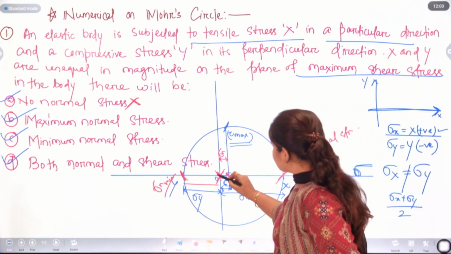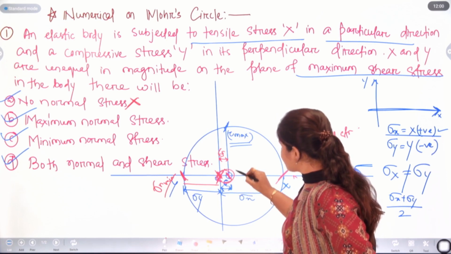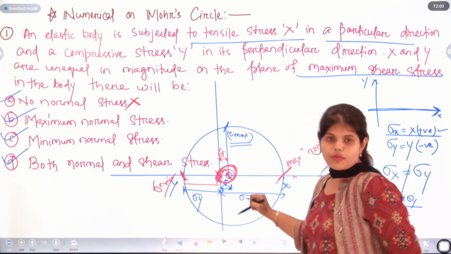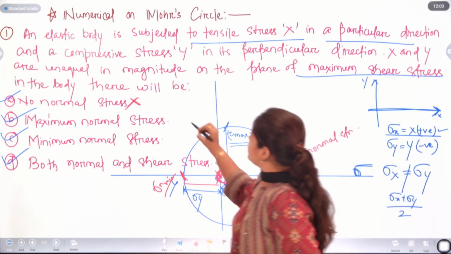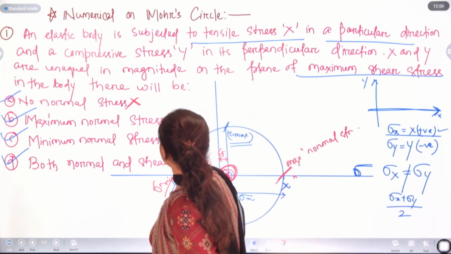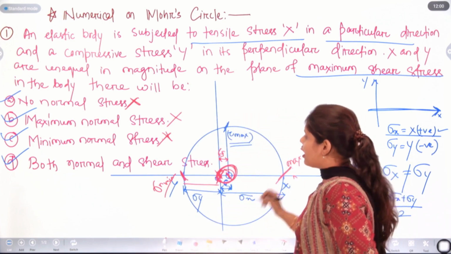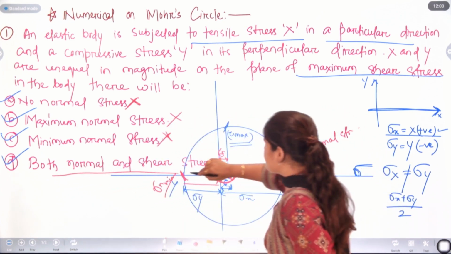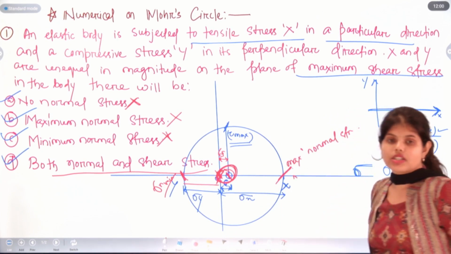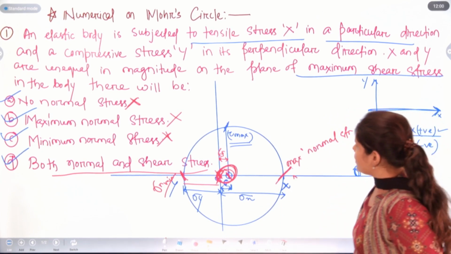But this sigma n belongs only to this point up to this. So, the maximum normal stress and minimum normal stress options will be cancelled out. Now, what do we have? Only the point D, that is, both normal and shear stress will act here, right?